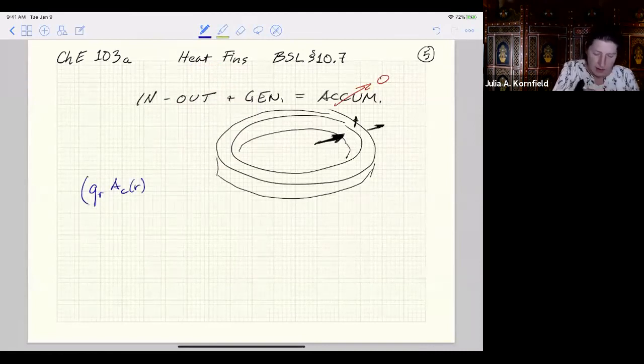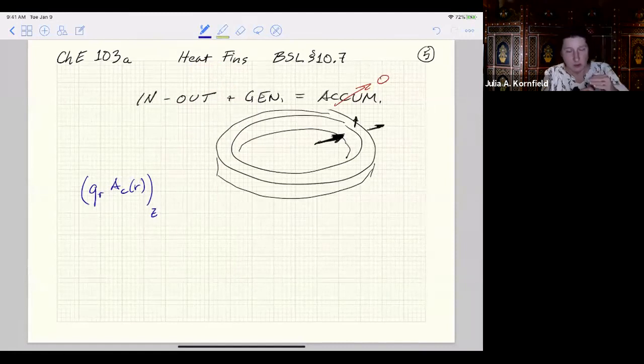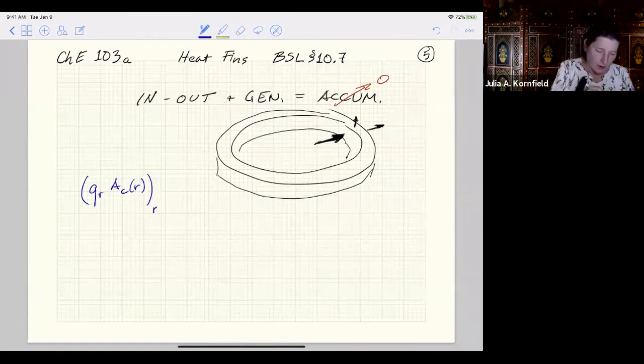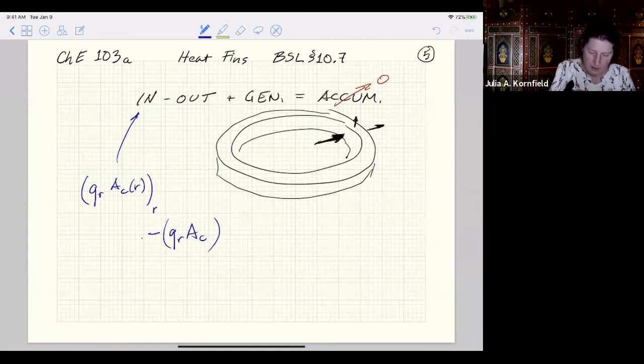And we're evaluating that at r, so energy per area per time times an area, energy per time entering. And then we subtract the similar term, but evaluated at r plus delta r.